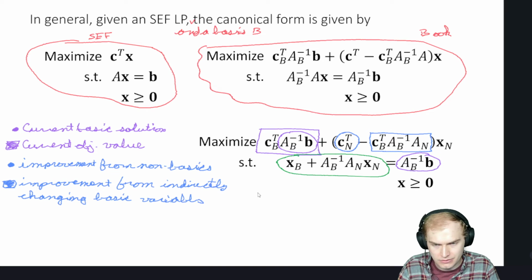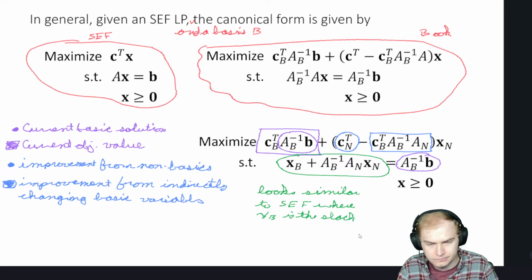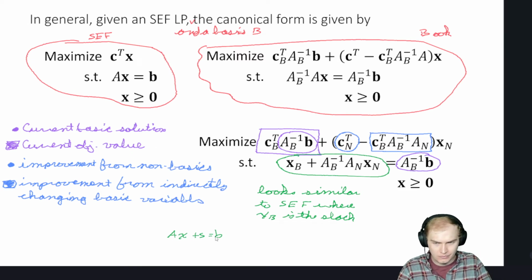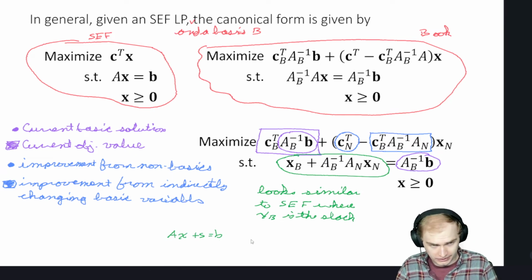So this looks similar to SEF, where XB is the slack. Remember our SEF standard equality form looked like this. So some matrix times some variables plus some more variables equaled a vector.